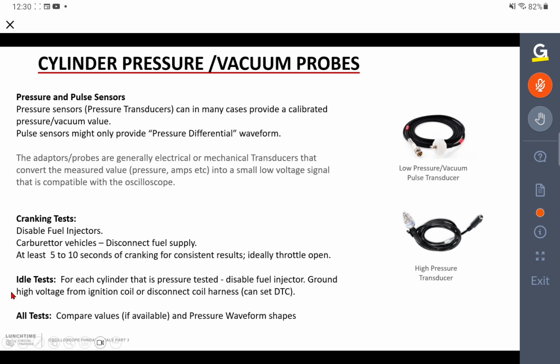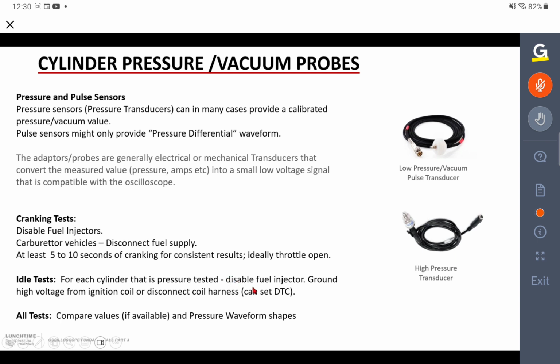If we then start up the engine and we're doing an idle test, for each cylinder that we're testing, so if we're now doing in-cylinder tests where we've taken out the spark plug and attached the pressure transducer to the spark plug hole, what we then need to ensure is again that we disable the fuel injector, because this cylinder isn't going to be running. We've taken the spark plug out.